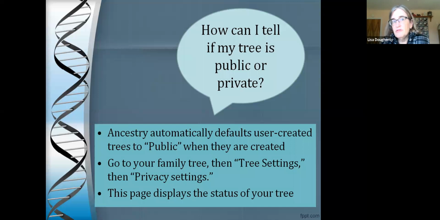Because after all, the point of Ancestry is to share trees. If you want to make your tree private, you can certainly do that. You can go into your tree settings and then into privacy settings, and that will display the status of your tree.